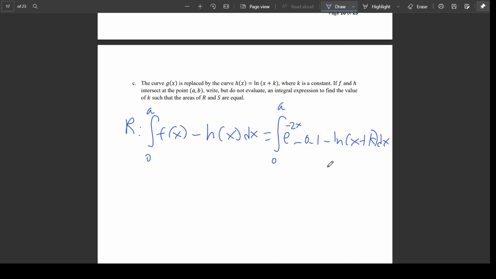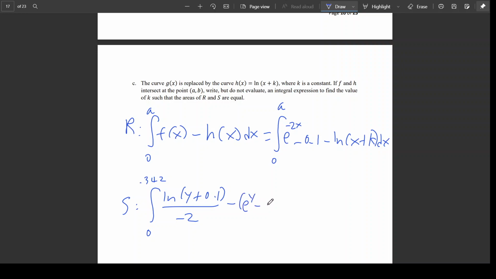Now I can do the same thing for s. S is actually going to be even easier than R because in part A, we said that the area of S is the integral from 0 to 0.342 of ln of y plus 0.1, minus e to the y minus 1, dy. I'm just repeating our answer from part A here.